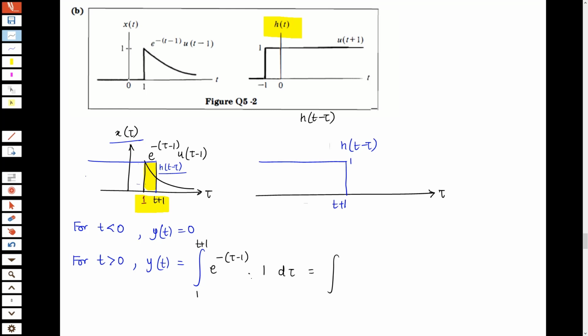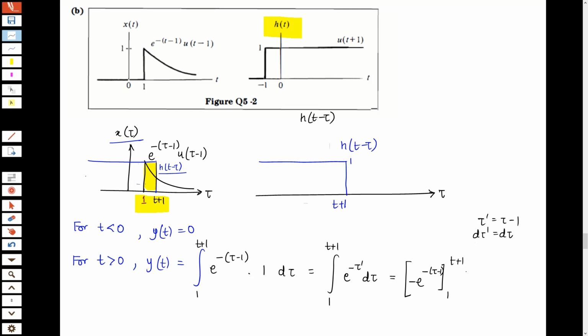So how do you integrate this? You can always use substitution of variables. So say let tau dash be equal to tau minus 1. So d tau dash is d tau, right? And now let the limits remain the same, and now you can say that this is equal to the integral of e to the power minus tau dash d tau. And what is this? e to the power minus tau dash divided by minus 1, between 1 and t plus 1, and now you replace tau dash with tau minus 1.